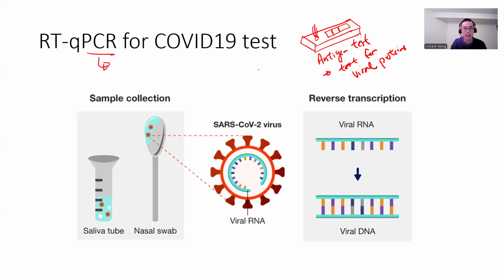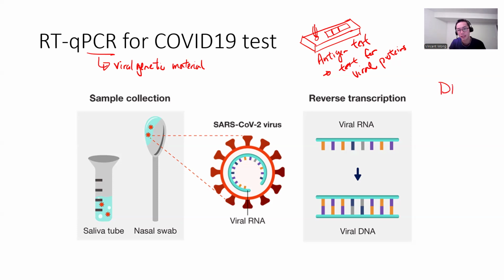PCR test, on the other hand, instead of testing for viral protein, you're testing for viral genetic material. So this takes some time. You have to send it to the lab. You cannot do it at home. You don't have the ingredients or the machine to do it.